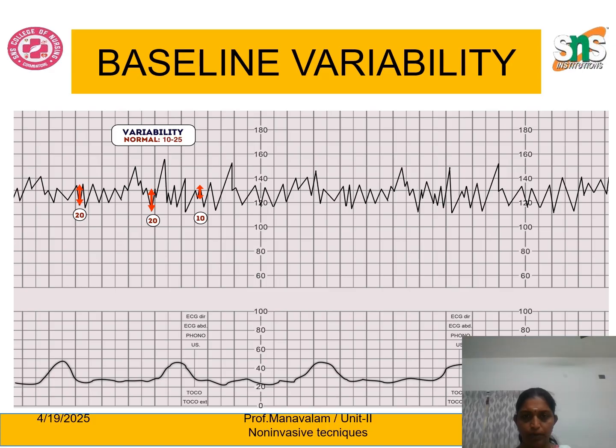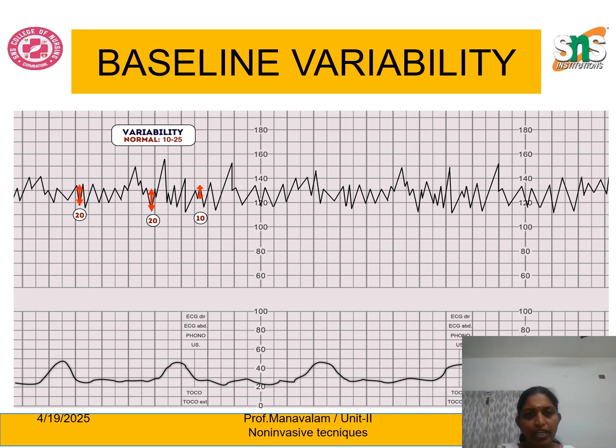The lub dub, the sounds that we are hearing. The same way we can hear the heart rate, and there is a variation between each beat. That is called baseline variability.